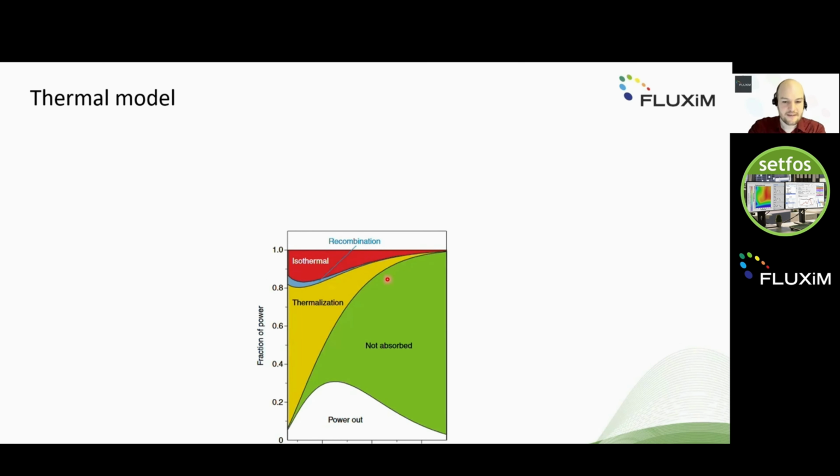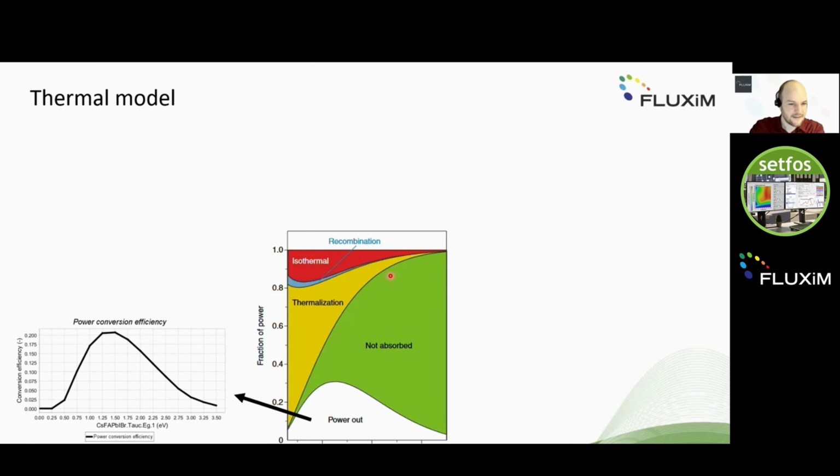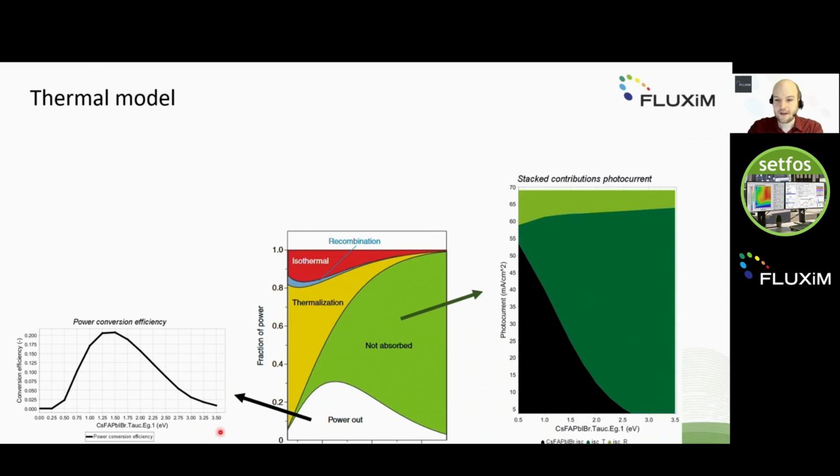So to look into this, I set up a quick model. It's not the full Shockley-Queisser model in SETFOS here, because we still have optical losses, as I was modeling the optical part still with a realistic refractive index. But you get the same trend with the model when shifting the band gap of the perovskite, as you can see for the power conversion efficiency.